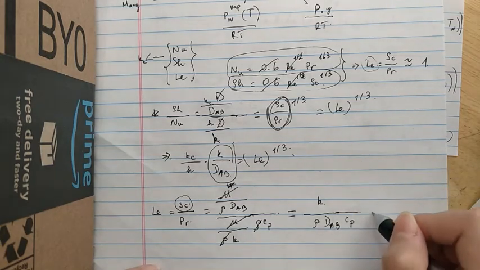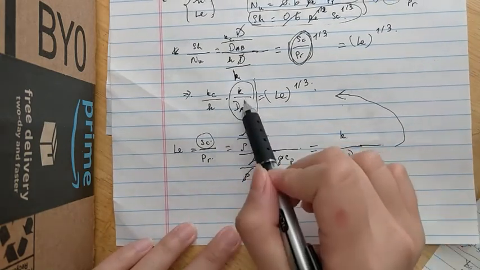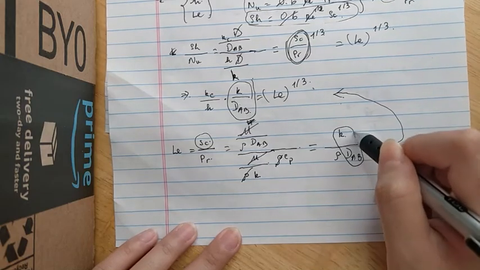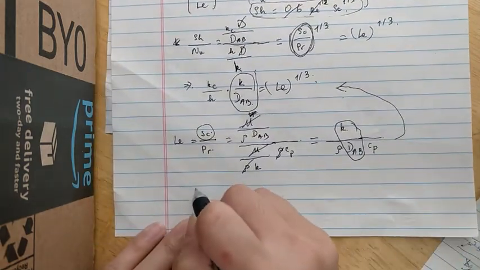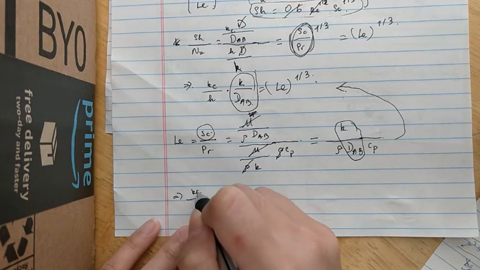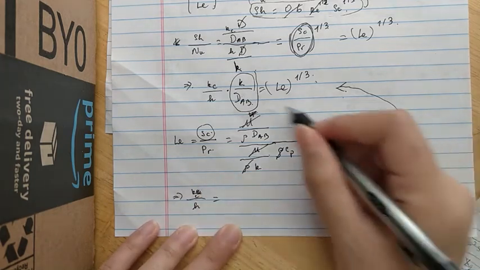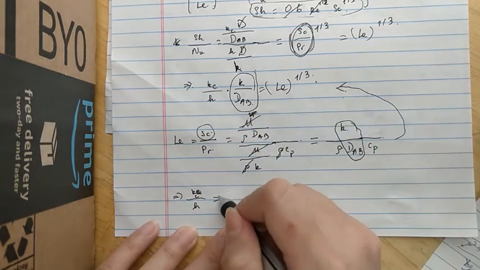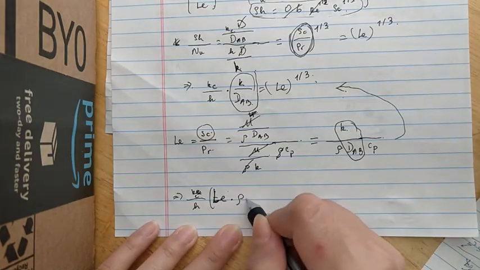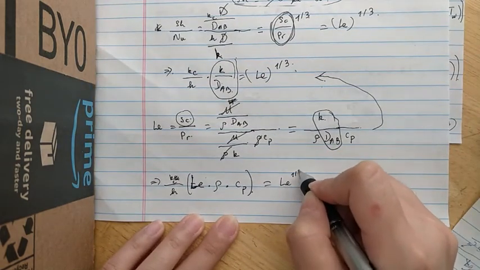So from here we can put it back up. We know that K over DAB is this part, so Kc over H equals the Lewis number times rho times CP, to the 1/3.